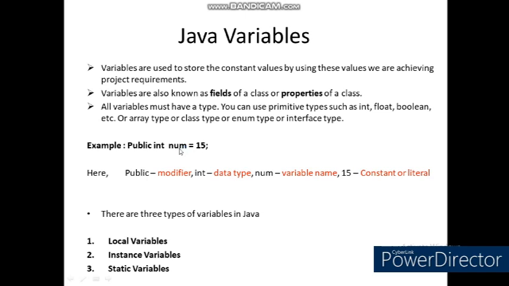In Java there are three categories of variables: local variable, instance variable, and static variable. Let's see what we mean by local variables, and then instance and static variables.